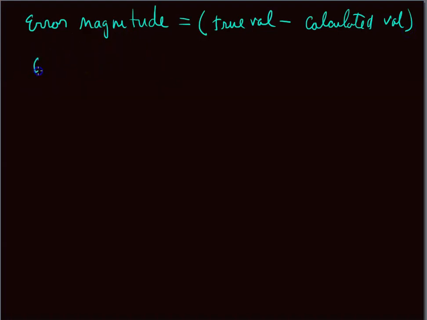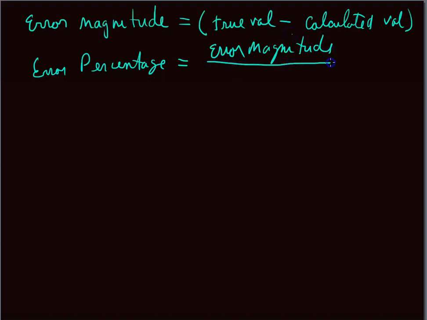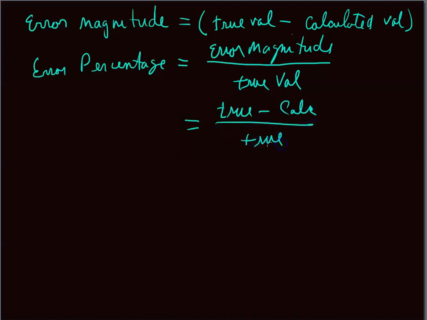And the error percentage is the error magnitude. Makes sense. What do you divide by? You can't divide by 100. You divide by the true value. So if you want to, you can think of the percent error as true minus calc over true. One way to think of it.